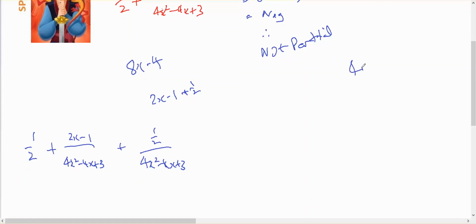So I've got 4x squared minus 4x plus 3. Take out a common factor of 4, leaves me with x squared minus x plus 3 minus a half squared is plus 1/4.